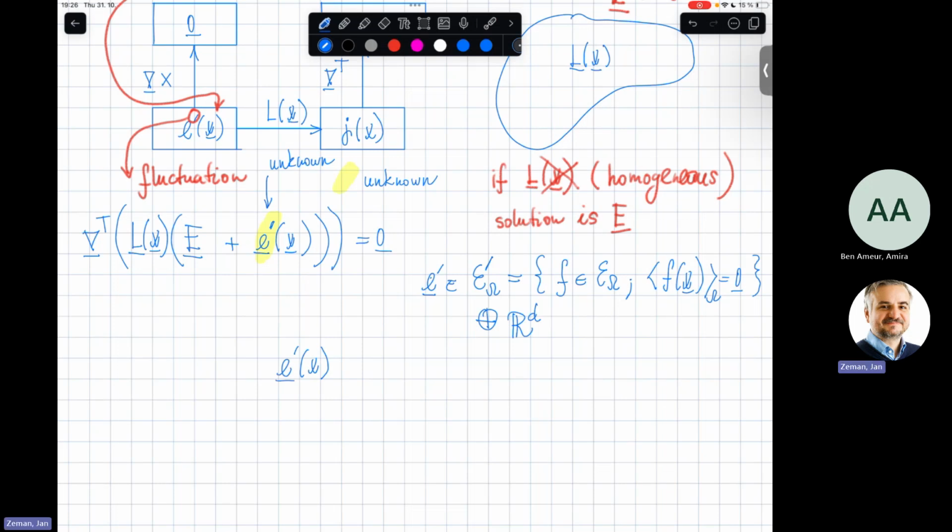primary unknown E prime multiplied by L of x and subject to the derivative. What I have on the right-hand side will then be minus divergence of L of x multiplying capital E, this given quantity.